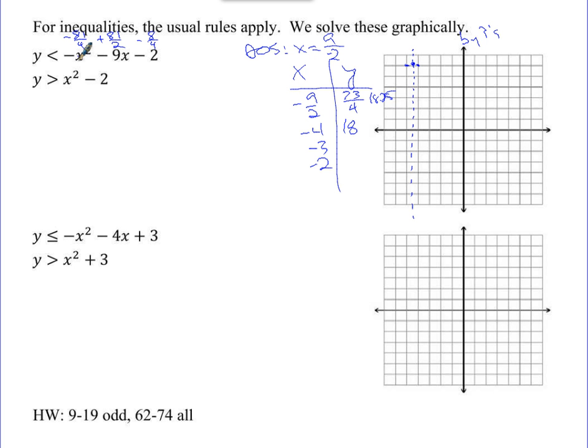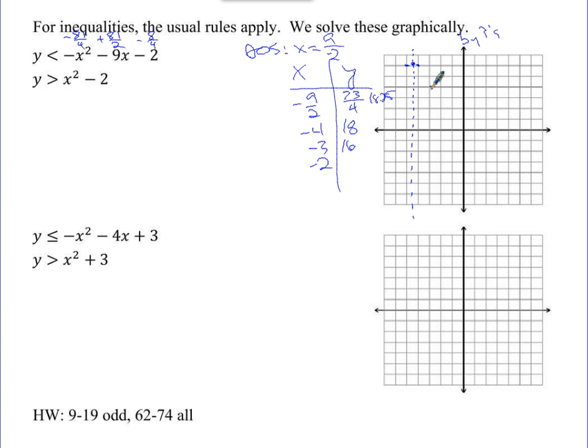Negative 3 squared is positive 9, but then make it negative, so negative 9. Negative 3 times negative 9 would be positive 27, leaving me with what? We have negative 9 plus 27. 18. Minus 2 is 16. So for negative 3, we're at 16.